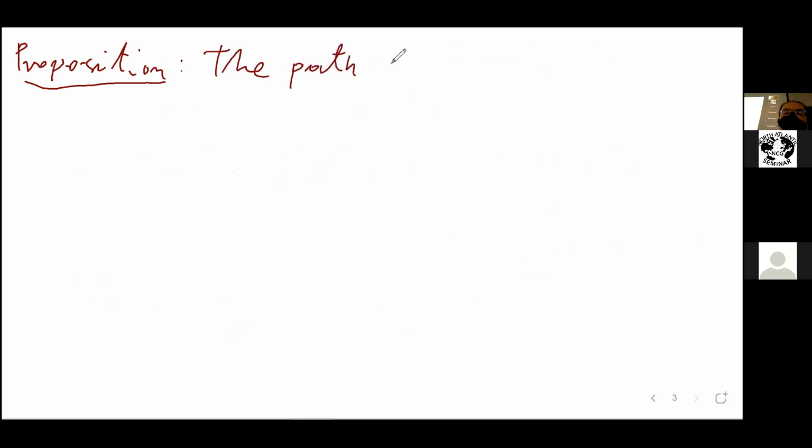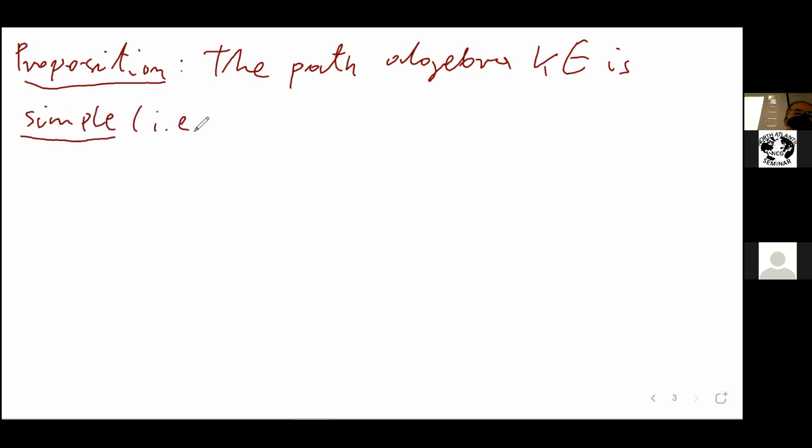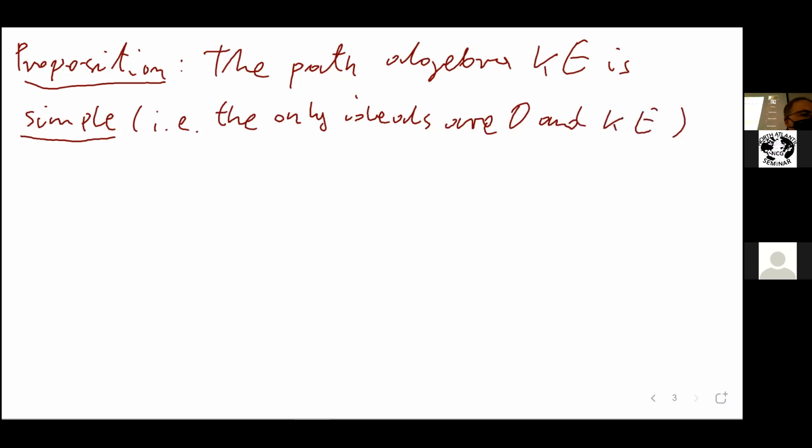The path algebra KE is simple, which, let me remind you, means that the only ideals are 0 and the whole algebra, if and only if E has no edges and at most one vertex.